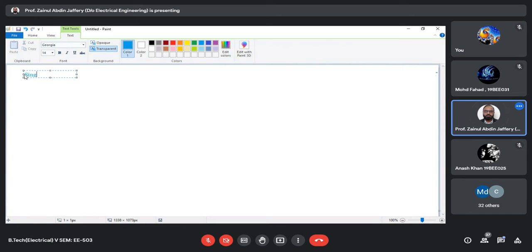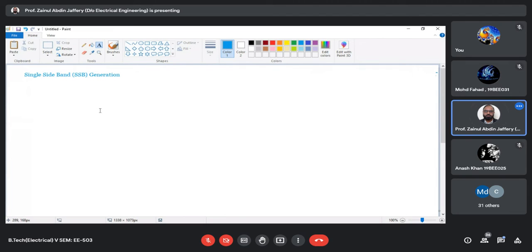So single sideband, or you can say that is SSB modulator generation. ठीक है ना? So we'll study the generation of single sideband. ठीक है?